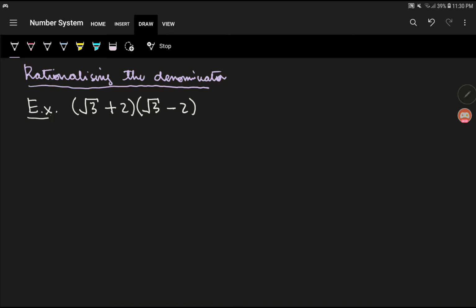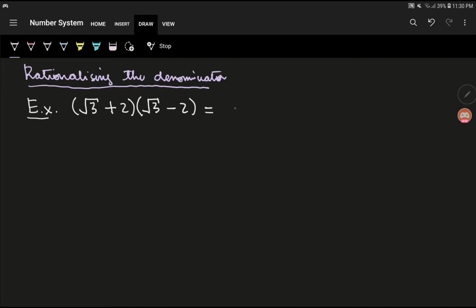So what we will do is expand the brackets. We multiply surd 3 to surd 3 and negative 2, and then multiply positive 2 to surd 3 and negative 2.